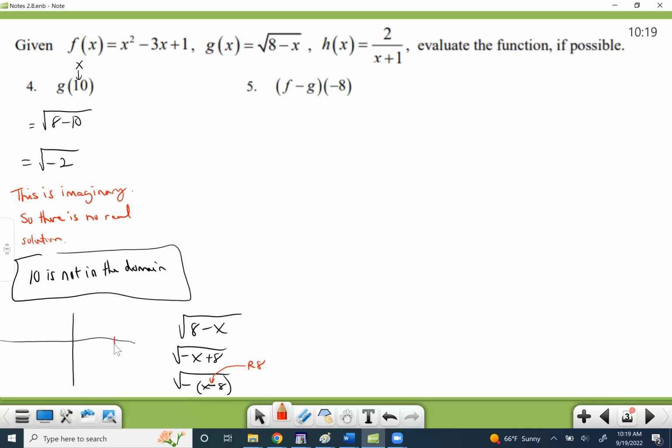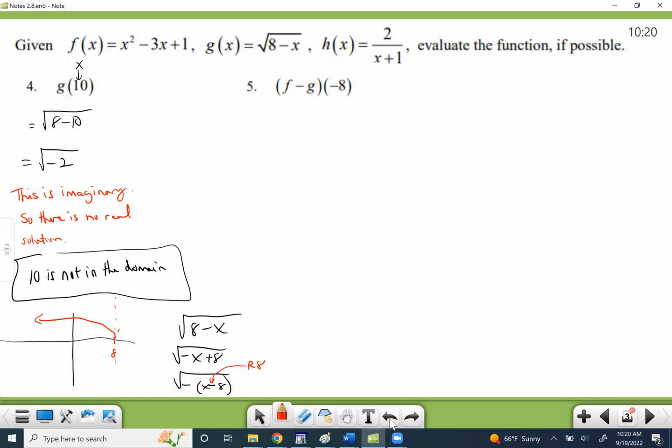So let's pretend this is 8 right here. Normally a square root graph goes like this, right? But ours is going to go the other way because remember that this negative made it reflect across a vertical axis. So pretend that this is my vertical axis, or the y-axis, whatever. It was going this way, but now we reflected it and it's going the other way.